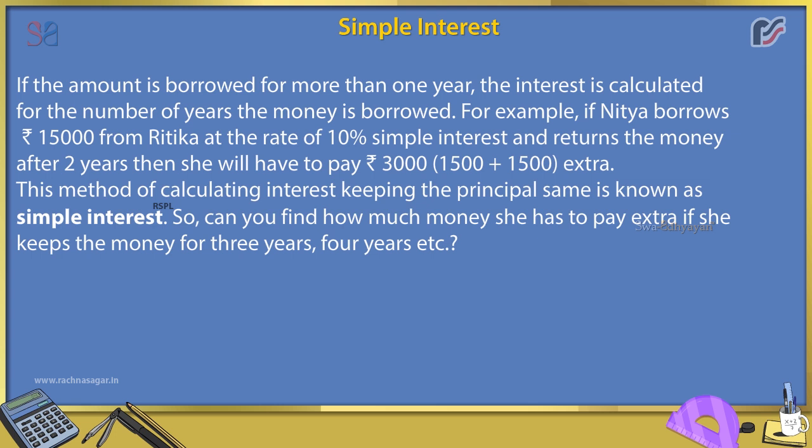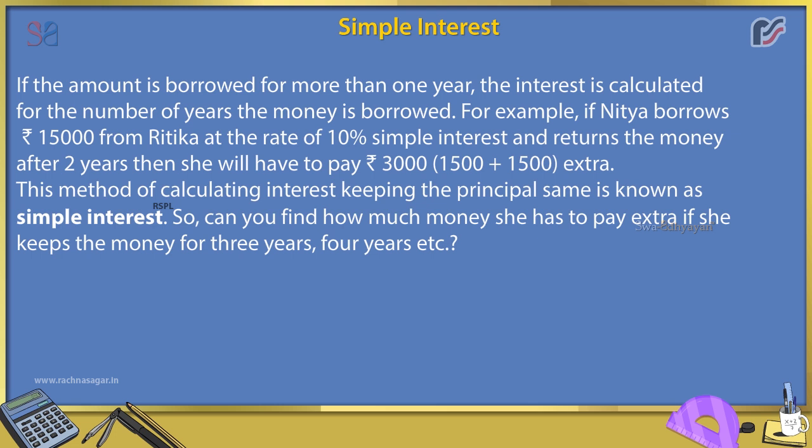For example, if Nitya borrows rupees 15,000 from Ritika at the rate of 10% simple interest and returns the money after 2 years, then she will have to pay rupees 3,000, 1,500 plus 1,500 extra. This method of calculating interest, keeping the principal same, is known as simple interest.